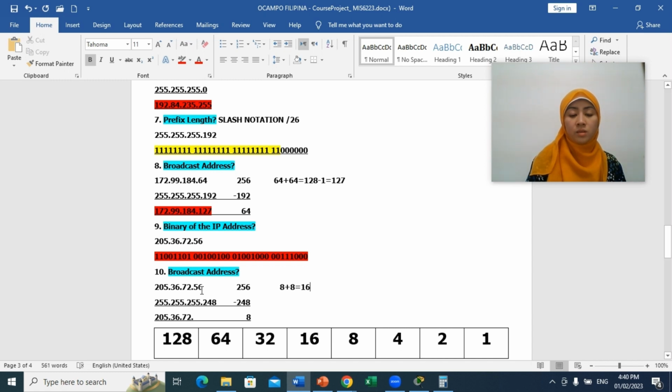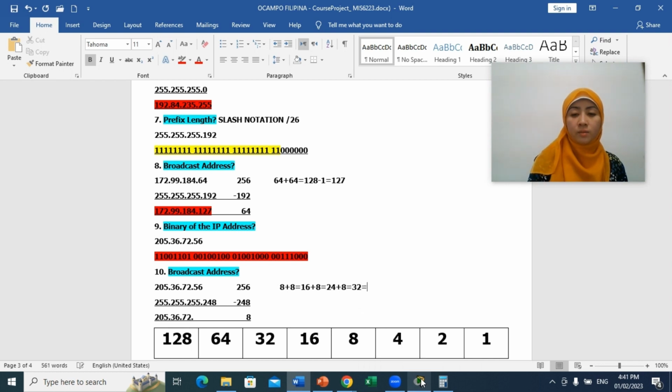So 16 and 56 still cannot be. So we need to add again 8. So 8 plus 16 is 24. So 24 and 56 still cannot be. So we will still add 8. So 24 plus 8 is 32. So 32 and 56 still far.